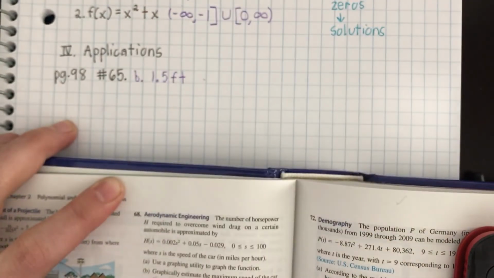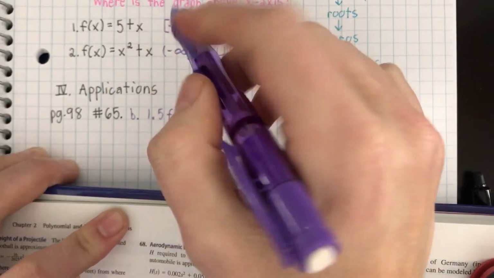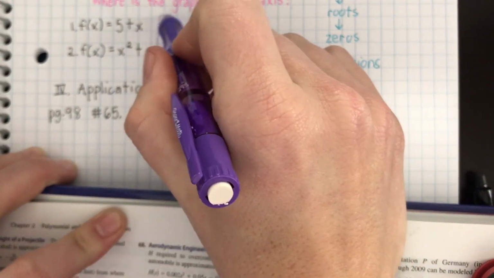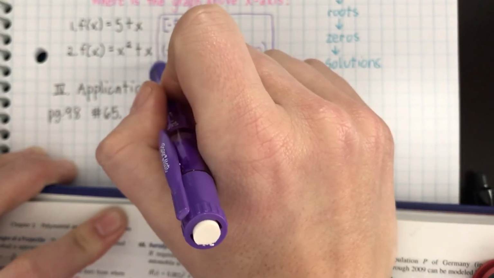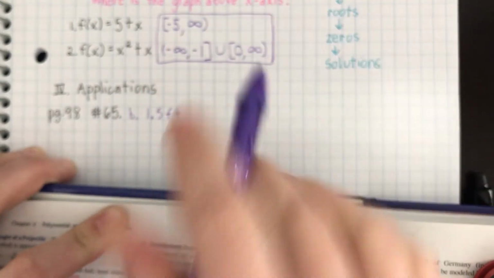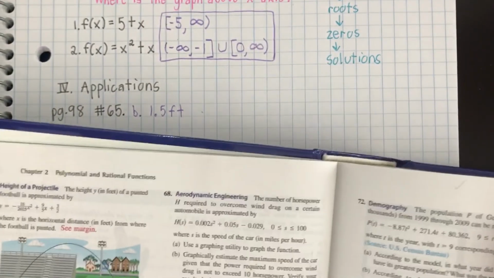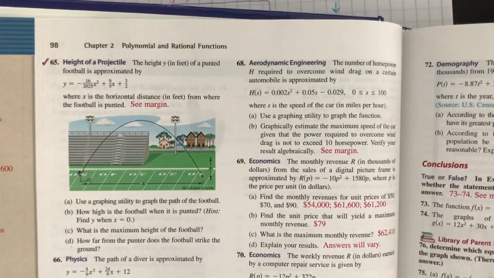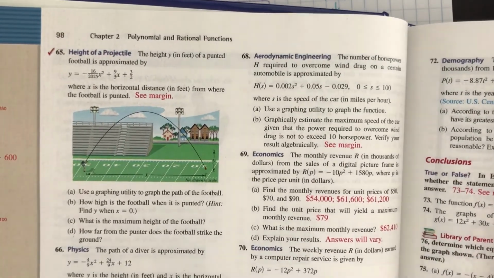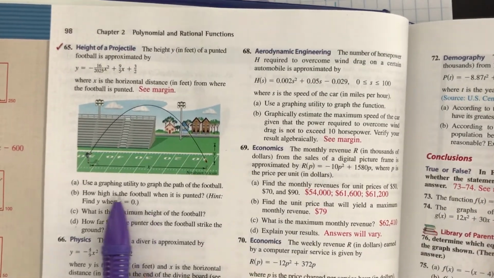That's how high. Go back up and box these. So the ball's height when it's punted is 1.5.